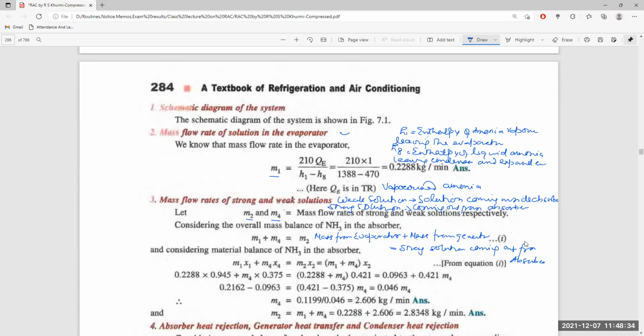So M2, which is M1 plus M4, is 0.22 plus 2.606, that is 2.836 kg per minute.